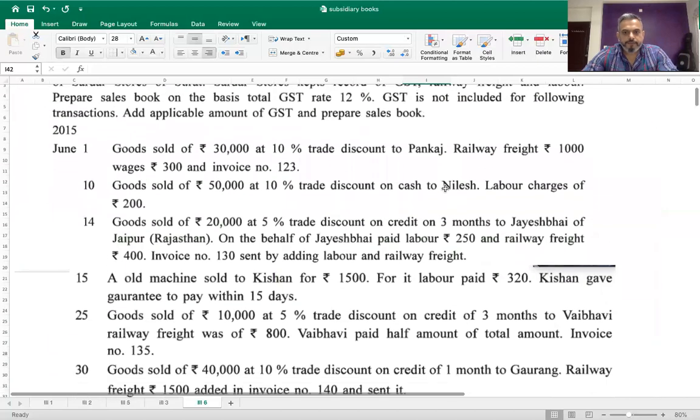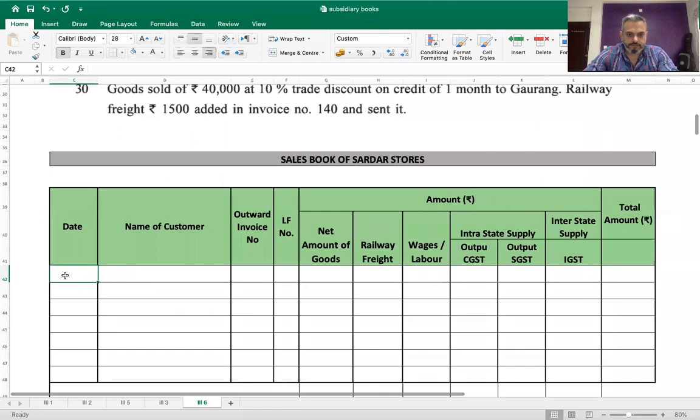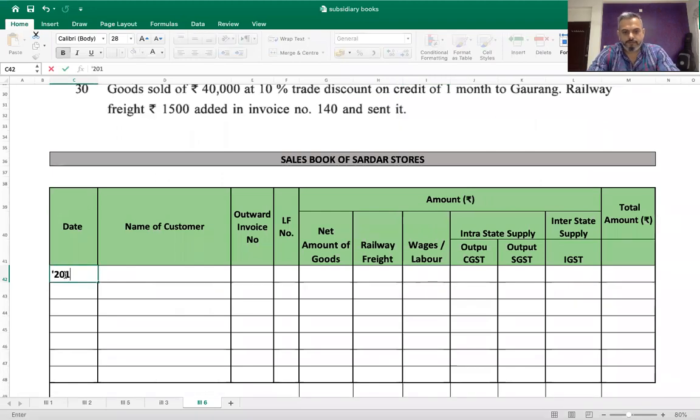Now, Pankaj account, 2015 June 1. Outward invoice number is 123.